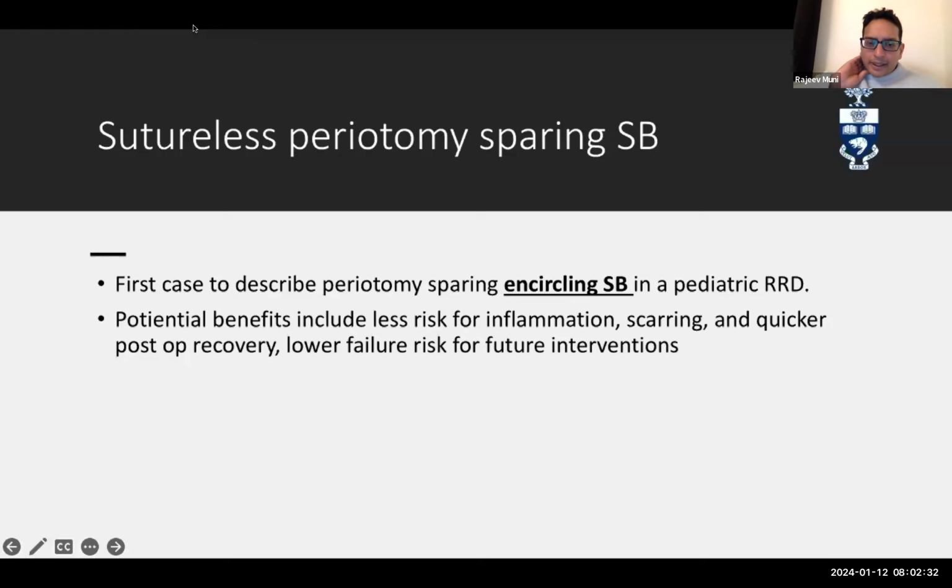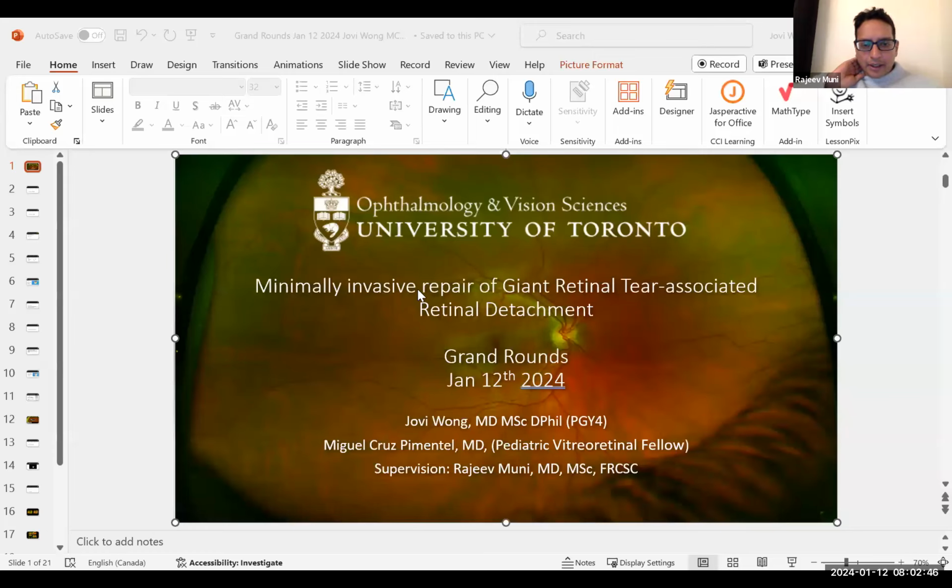Yeah, exactly. And maybe as Jovi's getting her slides, I can just add a few comments. We came up with this idea independently, but then as with most things in life, others have thought about it as well. And we found this South American group that had done 10 cases with a very similar procedure.